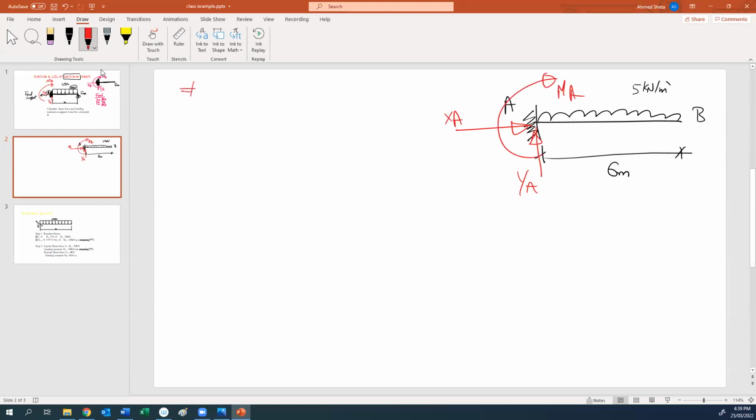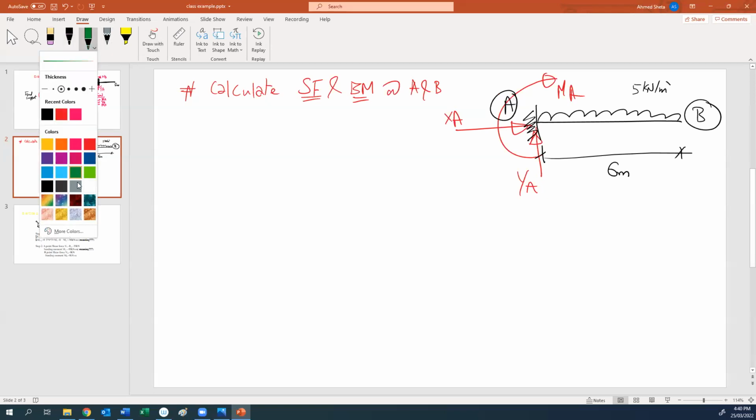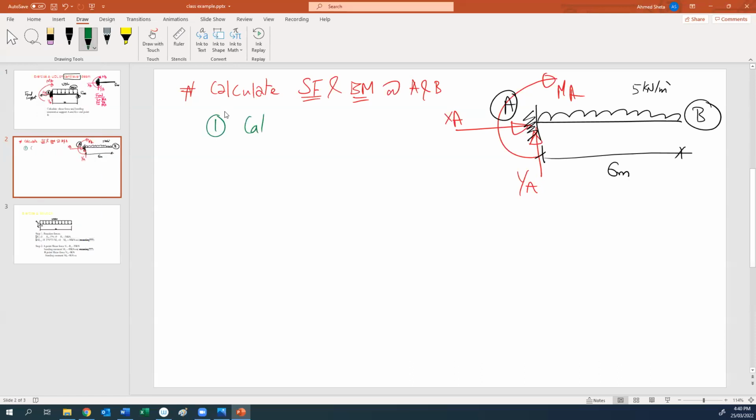Okay, the requirement is to calculate the shear force and bending moment at points A and B. So we need to calculate the moment here at A, and here at B. Okay, how can we deal with this type of problem? Again, we have two steps. The first step is to calculate the reactions.